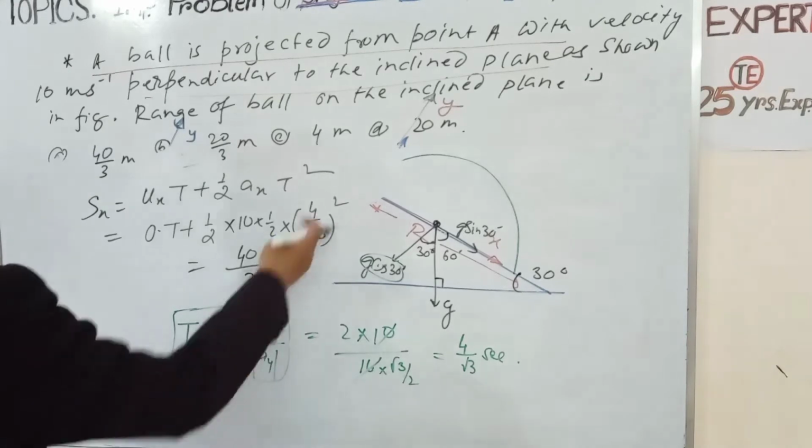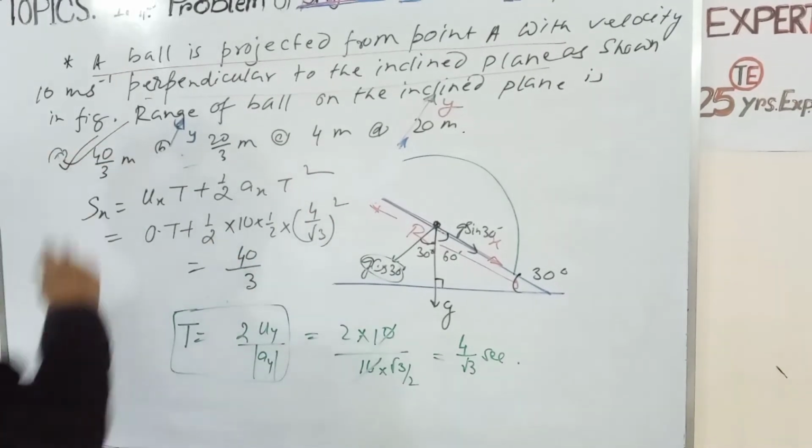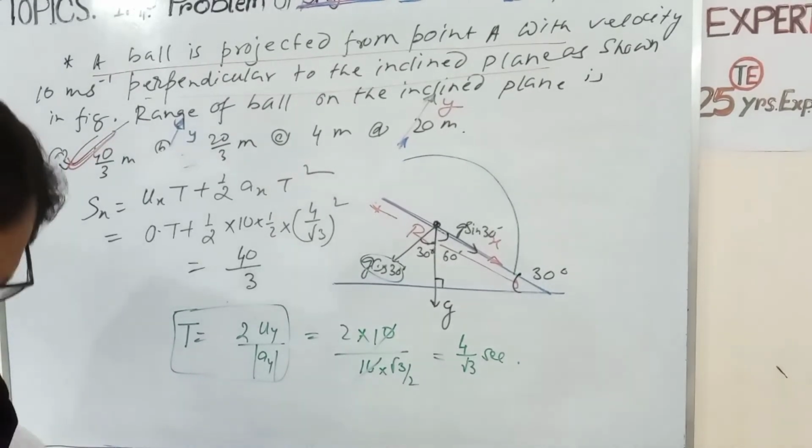So 16 by 3, 40 by 3, this is the answer, 40 by 3. This is question 1. Next question.